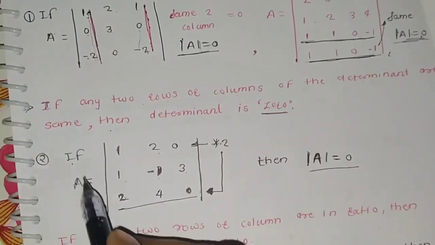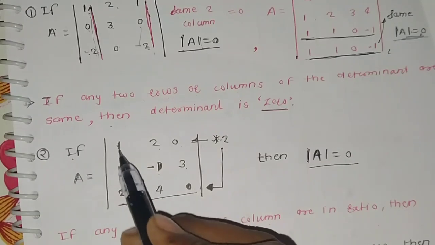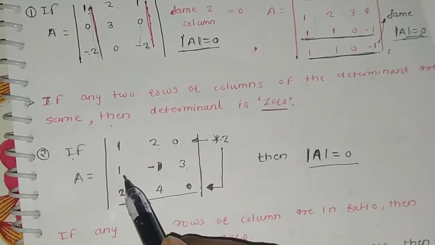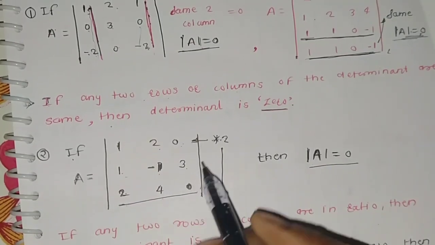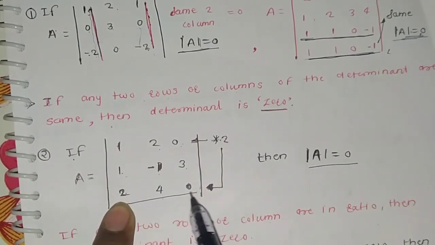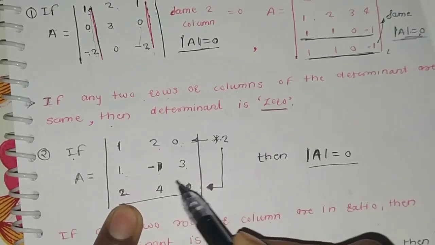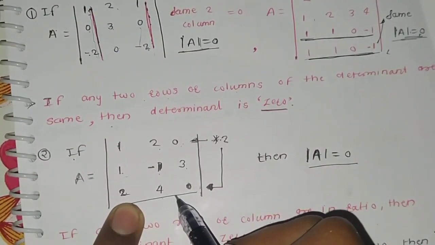So if any 2 rows or columns of the determinant are same, then determinant is 0. So similarly here, second point, if determinant A having elements 1 2 0, 1 minus 1 3, 2 4 0. So here you can see the third row is the multiple of first row. Okay, if you multiply the first row by 2, you will get directly the third row.